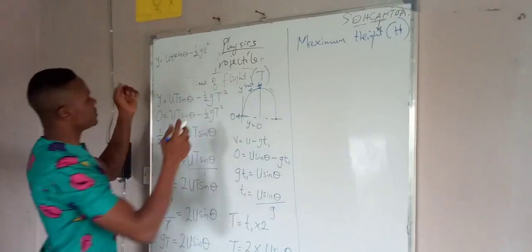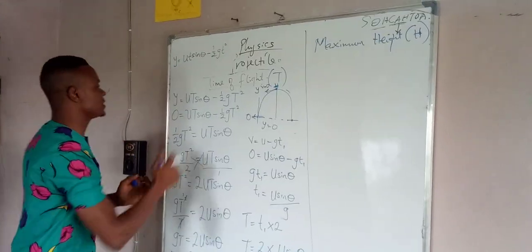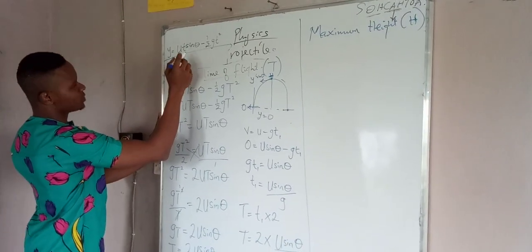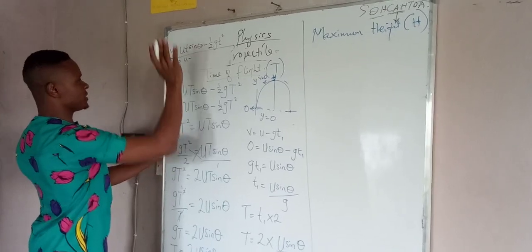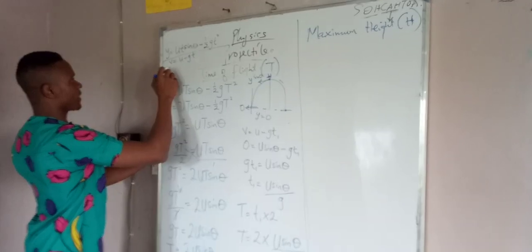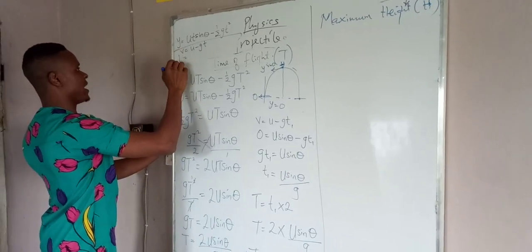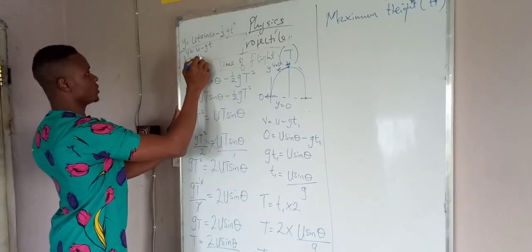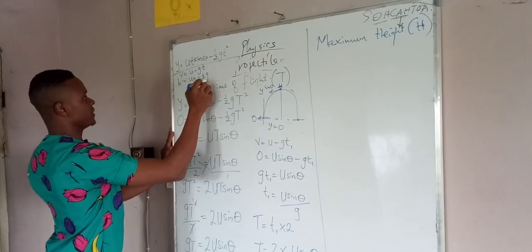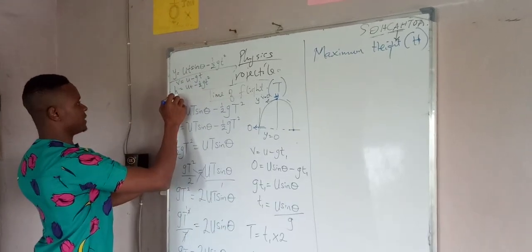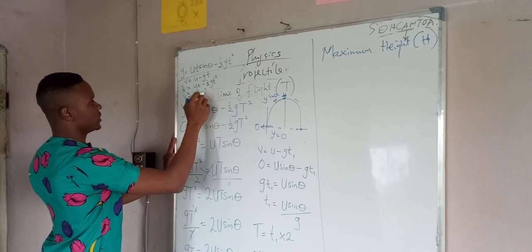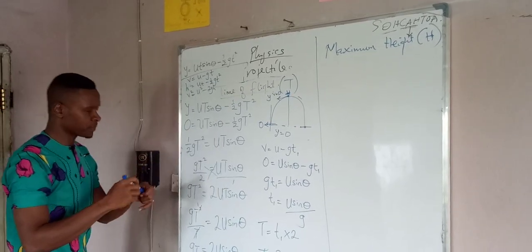Now, if we recall the three equations of motion again, V equal to U minus, since it is going up, GT; S equal to, and now we are looking at H equal to UT minus half GT squared; and then V squared equal to U squared minus 2GH.